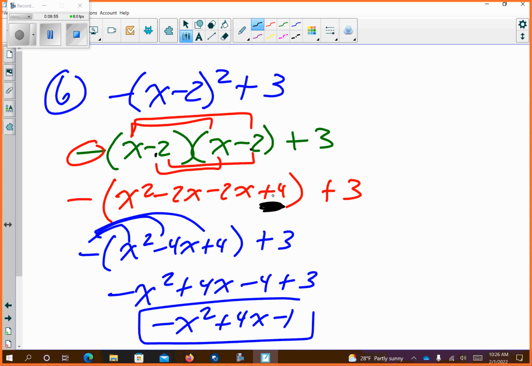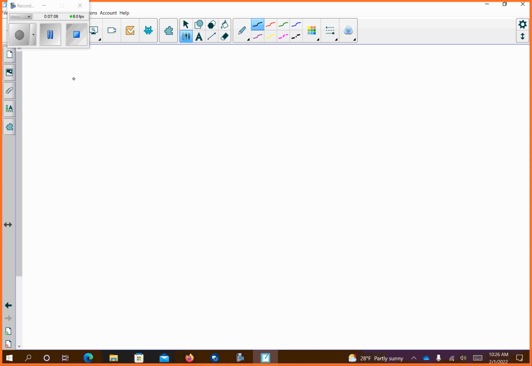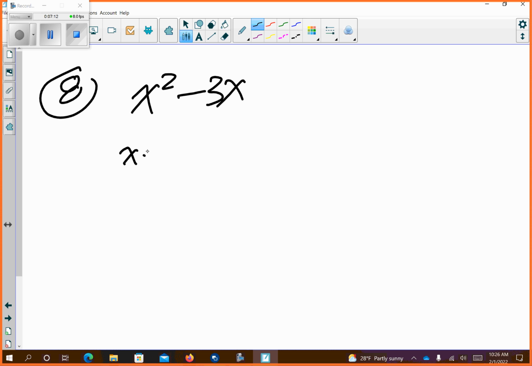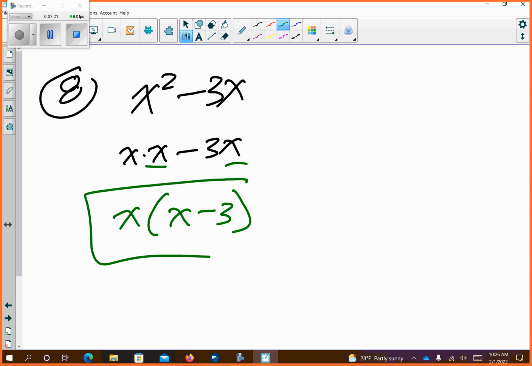Okay. Does that make sense? Okay, go on to number 8. Looks like number 8, you're just factoring out a greatest common factor. That's number 8 completed.